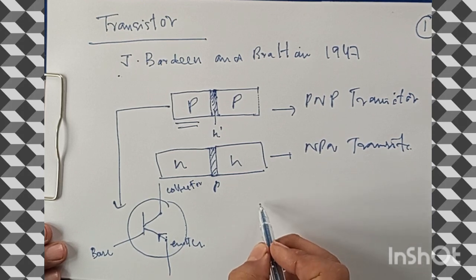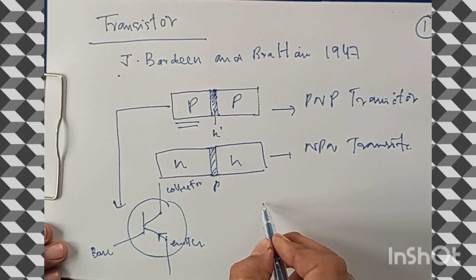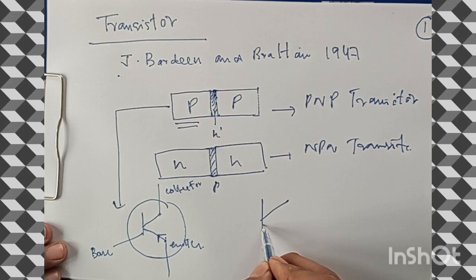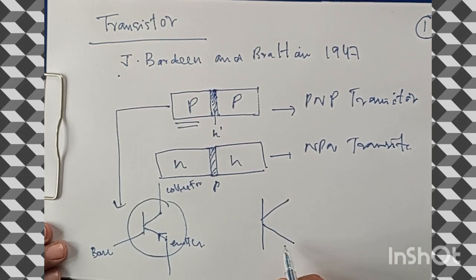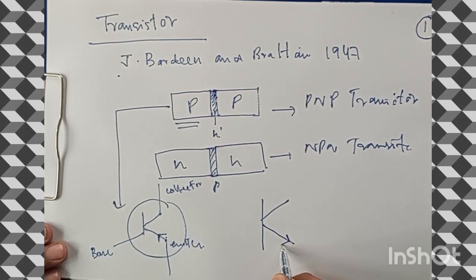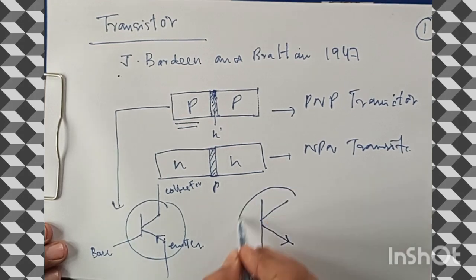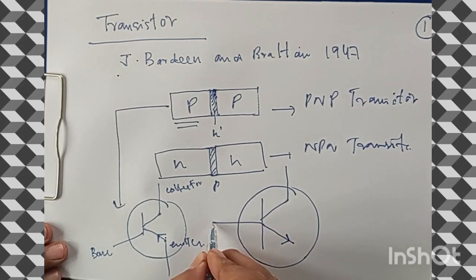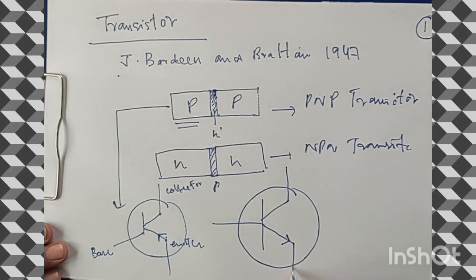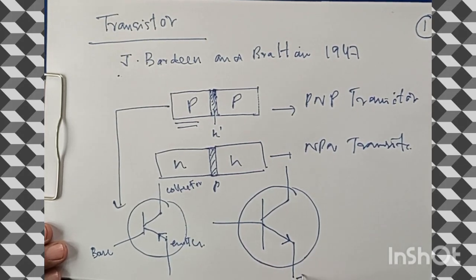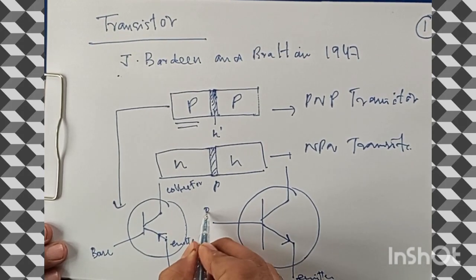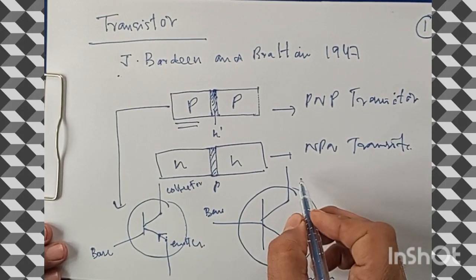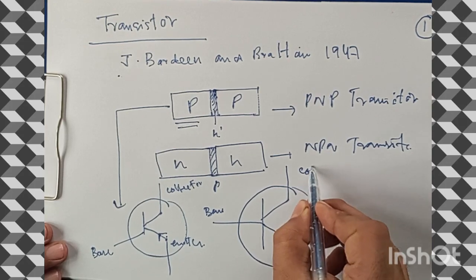In a similar way, we can have a symbol for the NPN transistor. In that case, the arrow will point outwards, and this will be the emitter, this will be the base, and this will be the collector.